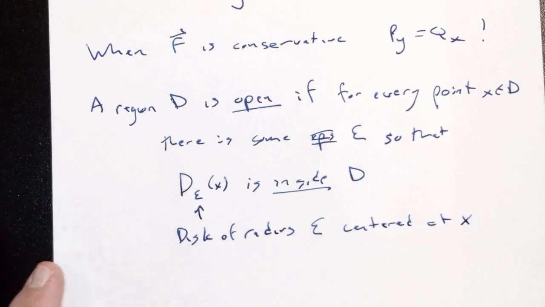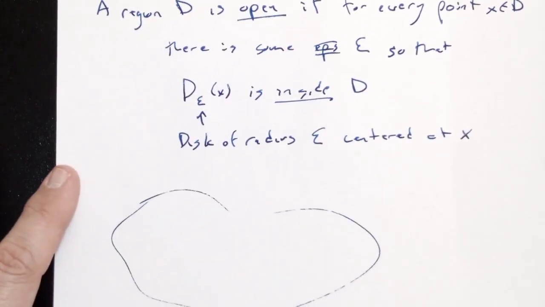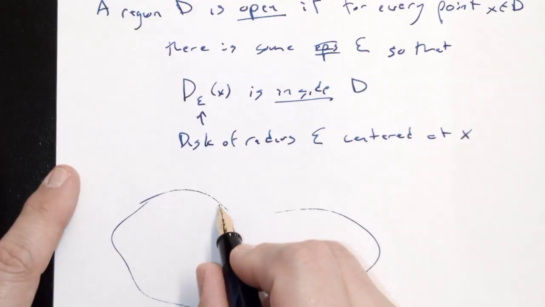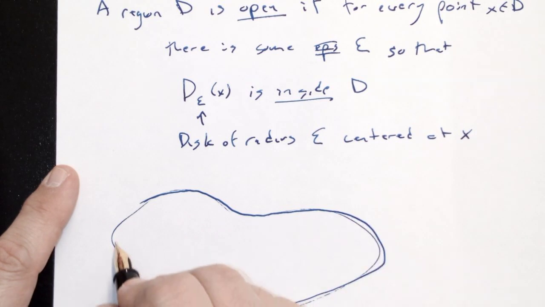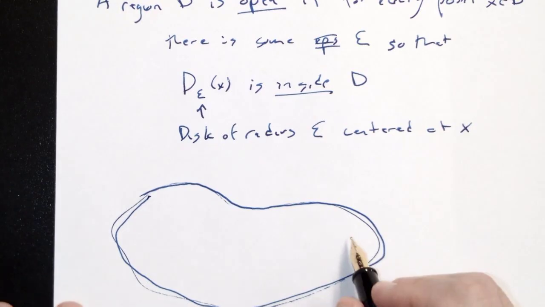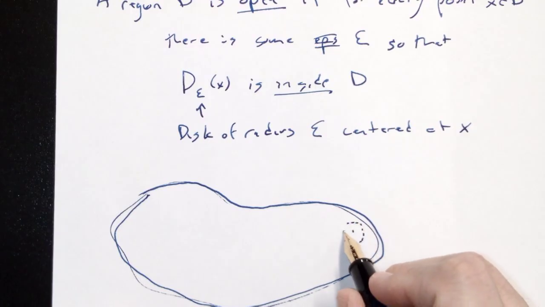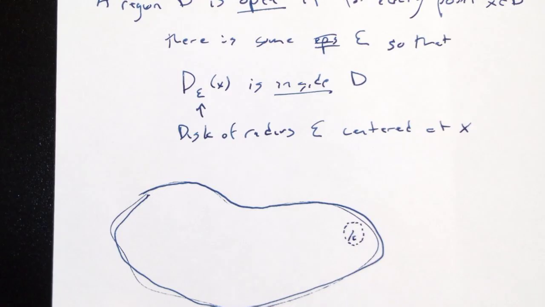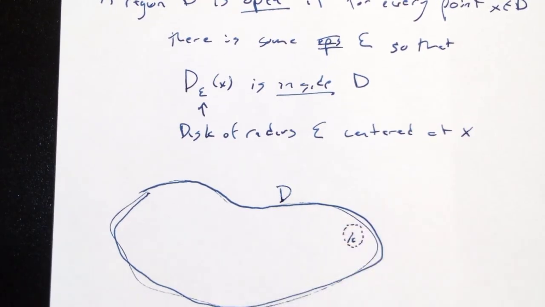So I want you to imagine we have our set, our region, and we pick a point. Pick a dot somewhere inside this region. I don't care where it is. There's some little circle of radius epsilon that is completely inside our region.